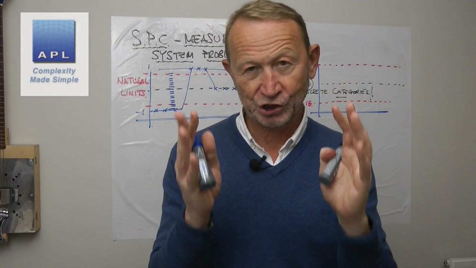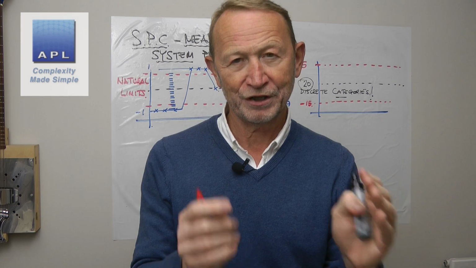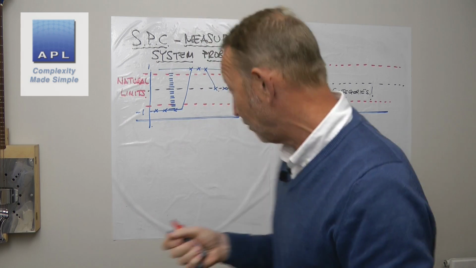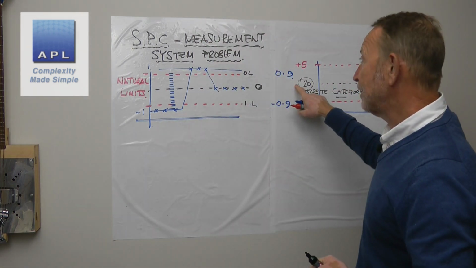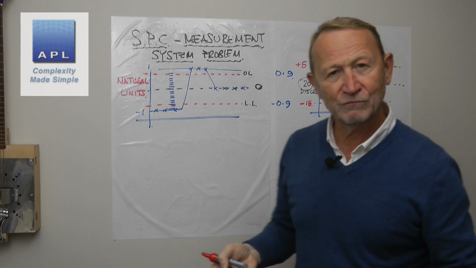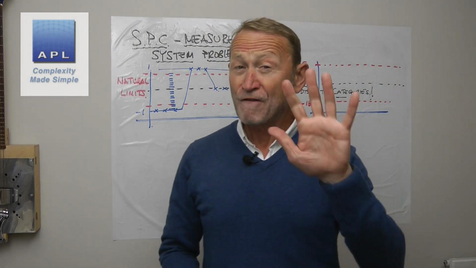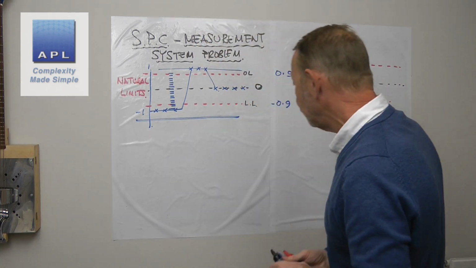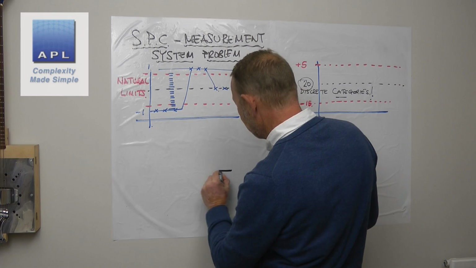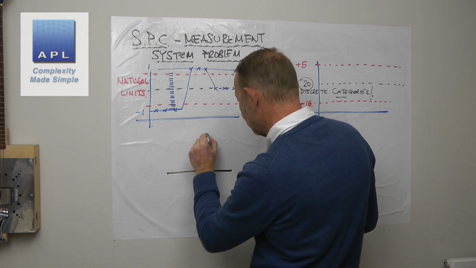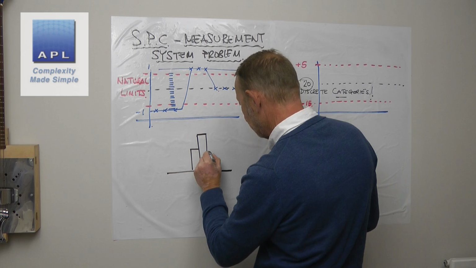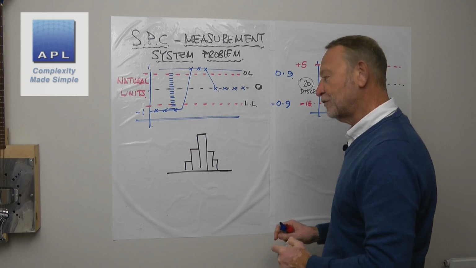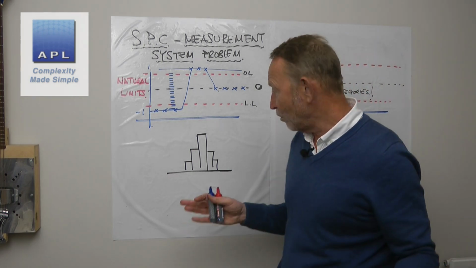Now 20 discrete categories is more than enough for this to work perfectly okay with the IMR or the X-bar R. Discrete categories is normally a measurement system rule, and they usually say 5 discrete categories is the minimum. Why 5? Because if you wanted to draw a histogram of your continuous data, five columns would be the minimum you'd want to see.